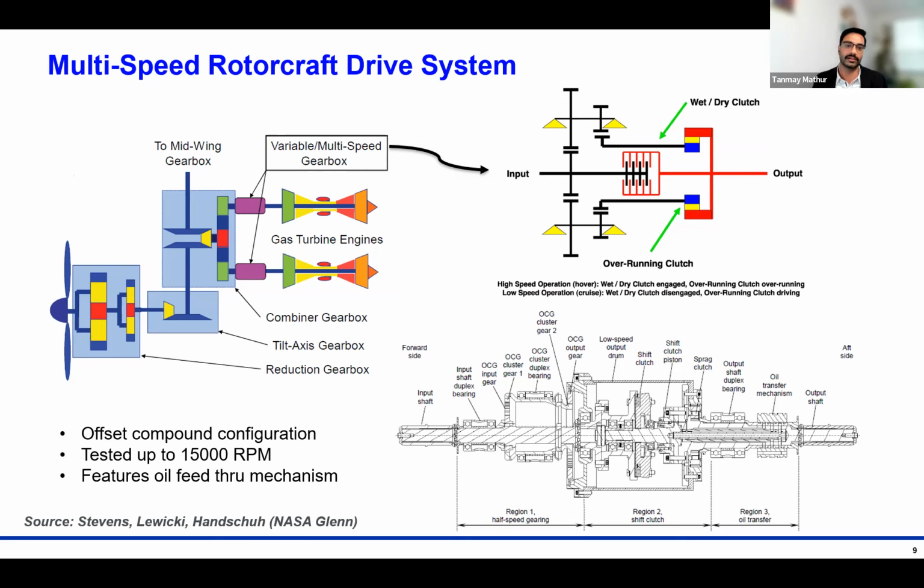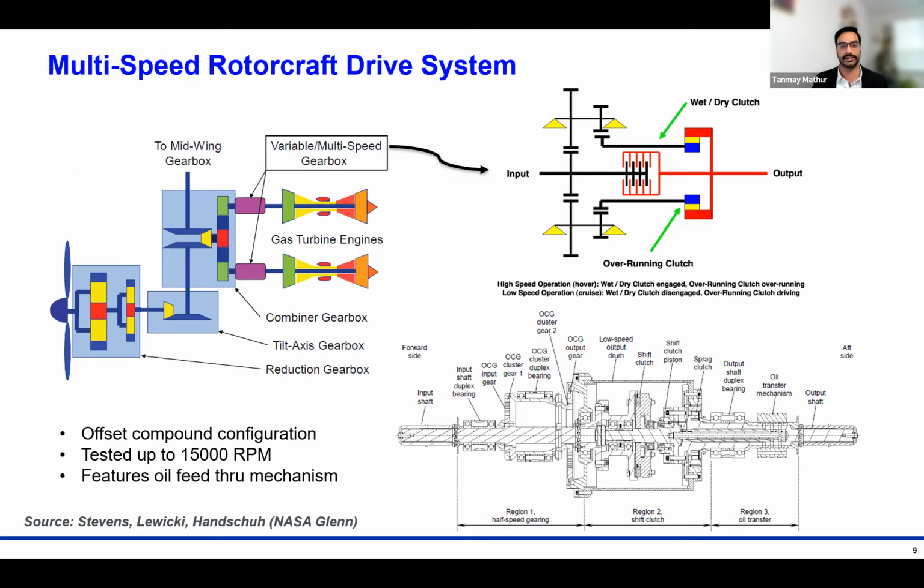And what this configuration lets you achieve is a change in speed. So when you engage this clutch, this is a direct drive from the engine input to the output of this little gearbox right here. And when this clutch is disengaged, the power is routed through these gears and you get a speed reduction ratio.